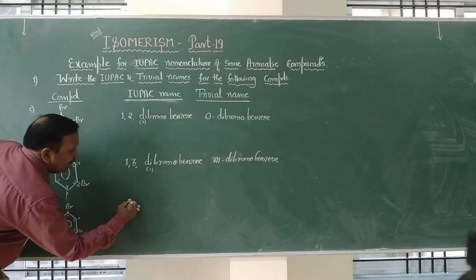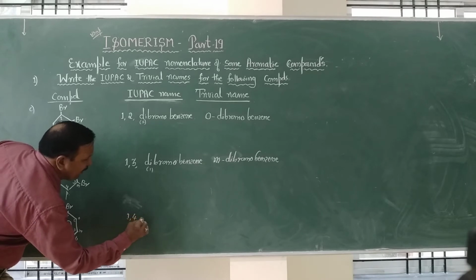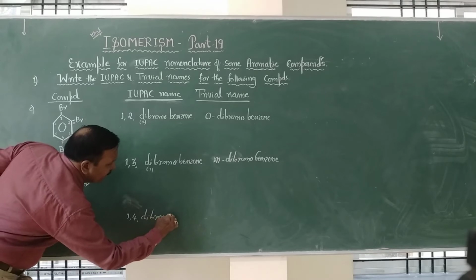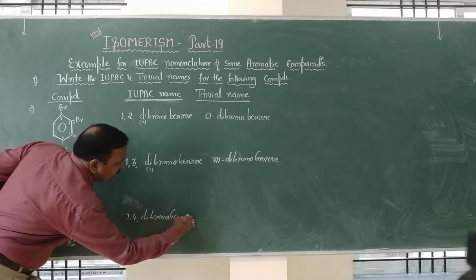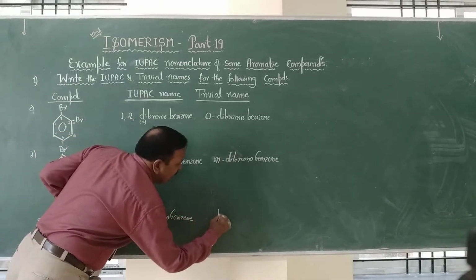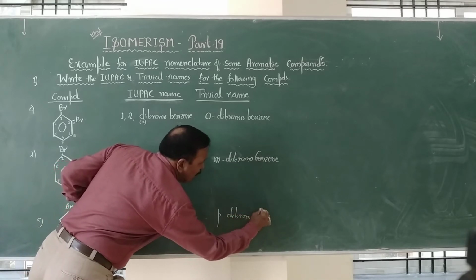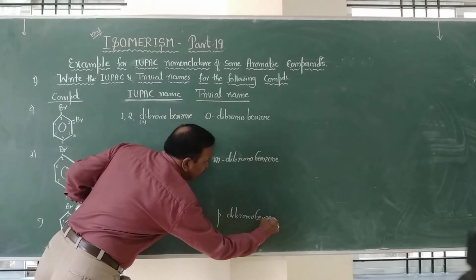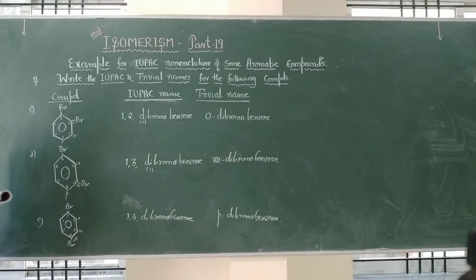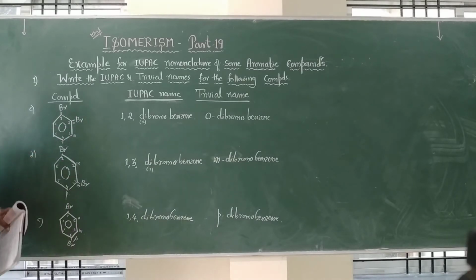So bromines are present on carbon 1 and carbon 4, 1,4-dibromobenzene. And this will be para-dibromobenzene. So this is the naming of di-substituted benzene compounds.